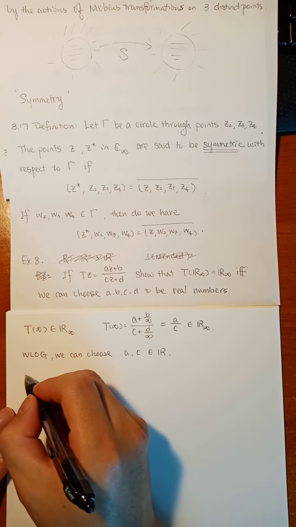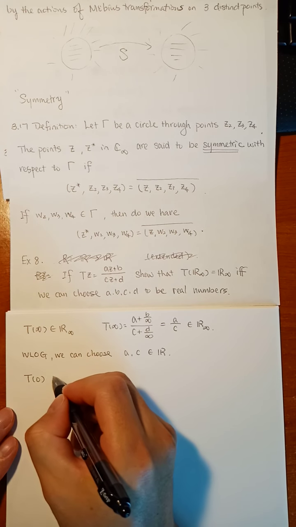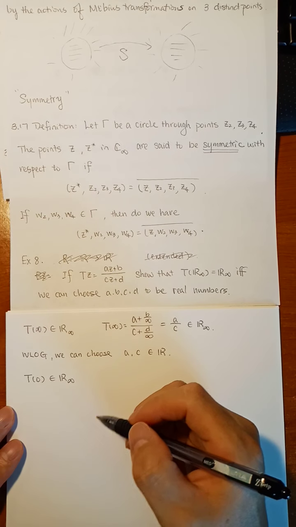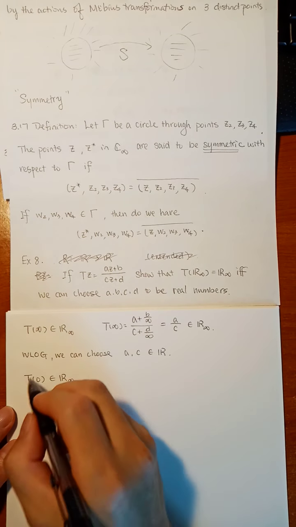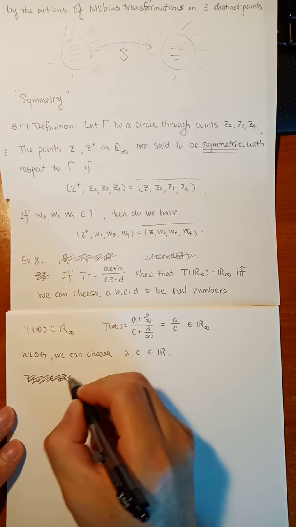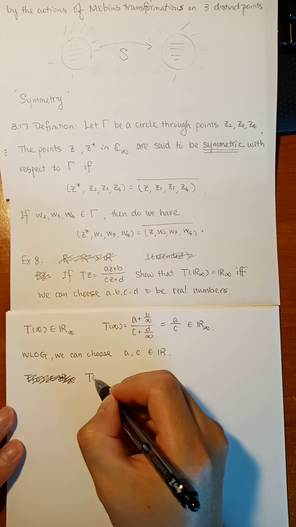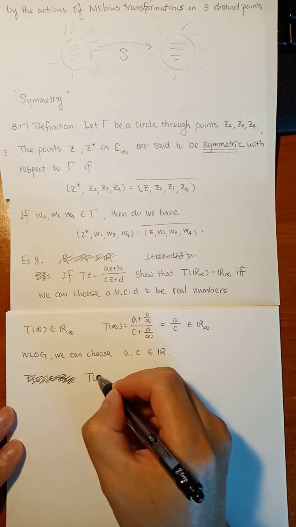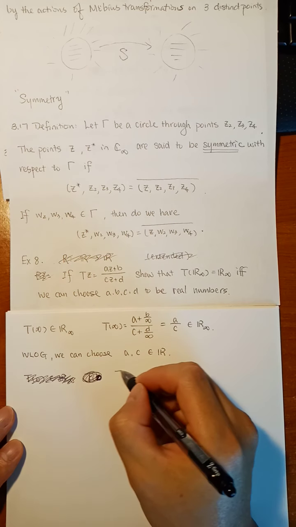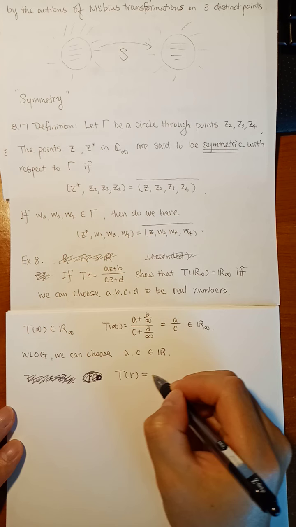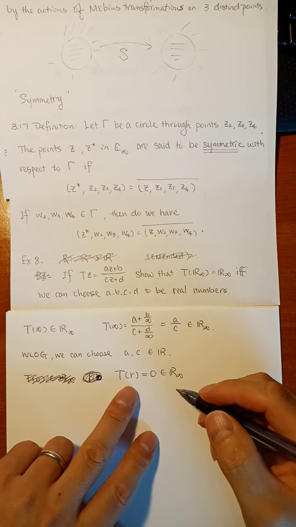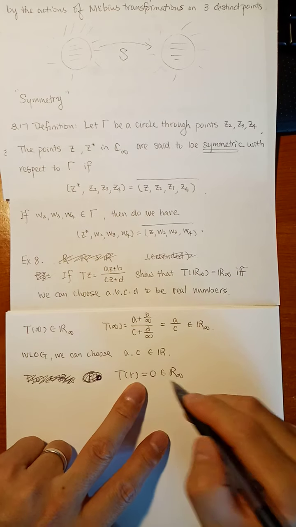Now let's check T of 0. T of 0 also belongs to R infinity, right? No, let's choose this: T of some real number r is equal to 0, because 0 belongs to R infinity. So T of r is equal to 0.